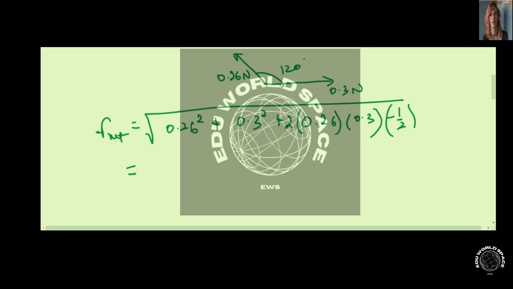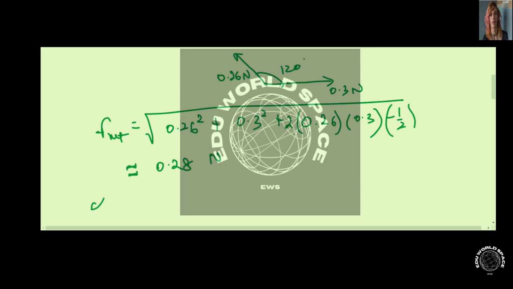So this will come out to be, so if we do 0.26 squared and add it with 0.09 because that's the square of 0.3. This comes out to be 0.0796 and root we get 0.28 newtons approx.